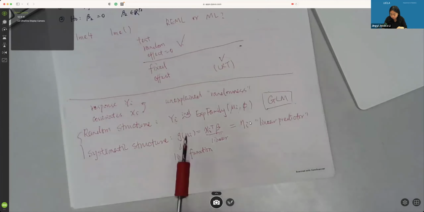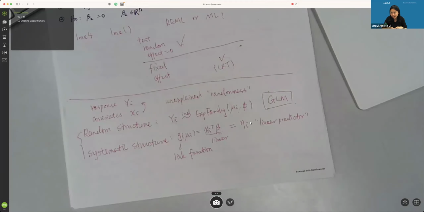If we want to test multiple components of beta, whether they're jointly 0 or not, we can do a Wald test. Or we can have another strategy, that is we can do a likelihood ratio test, right? Or ANOVA. So for a linear model, we have all these options. But I think for a generalized linear model, we typically just use the Wald test or likelihood ratio test. And there's another category of test which I didn't talk about in detail, but I mentioned in one of the lectures.